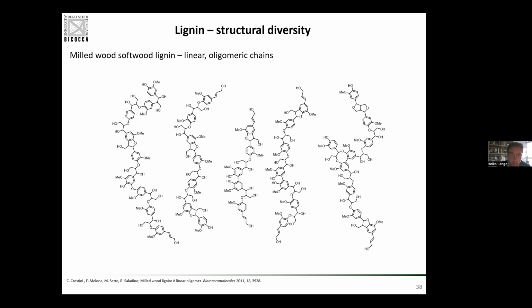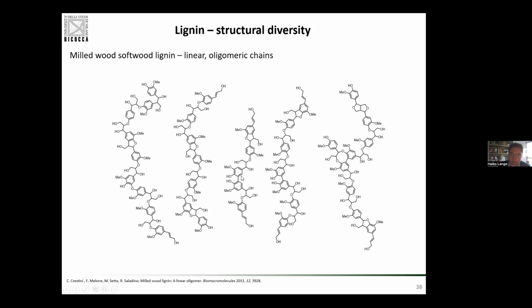Doing that and playing with the data that I get from the phosphorus and from the HSQC, I can then make my calculations, putting into correlation the amount of aliphatics and the amount of phenolics and the type of interunit bondings that I can delineate from the HSQC, and I come up with a picture, a suggestion for the structural features, for example, of a mild softwood lignin.